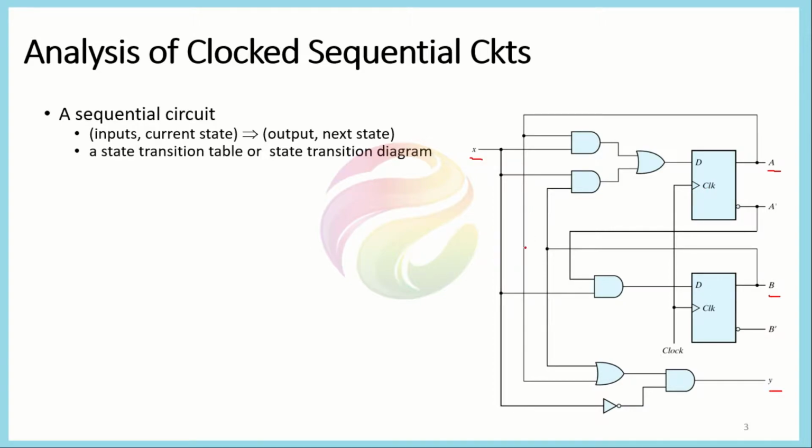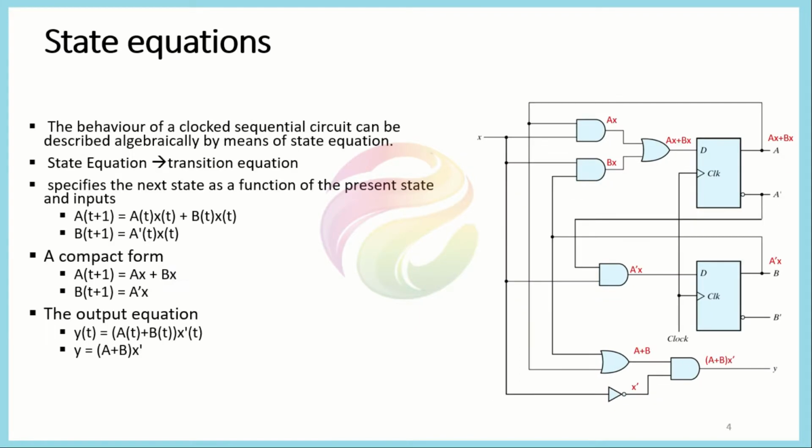So we will see how we proceed to analyze this circuit, that is, what its main functionality is. To determine its main functionality, the first step that we follow is to write the state equations or the transition equations, as we say. The transition equations generally represent the next output of the flip-flops.